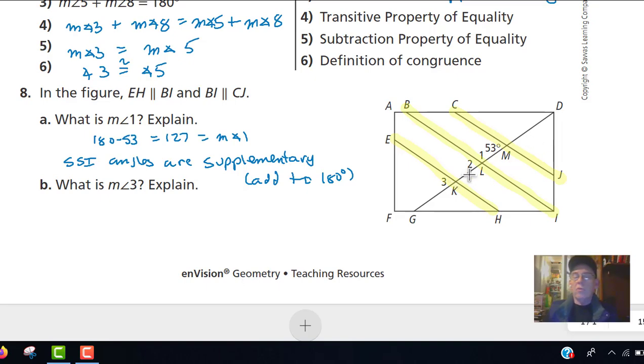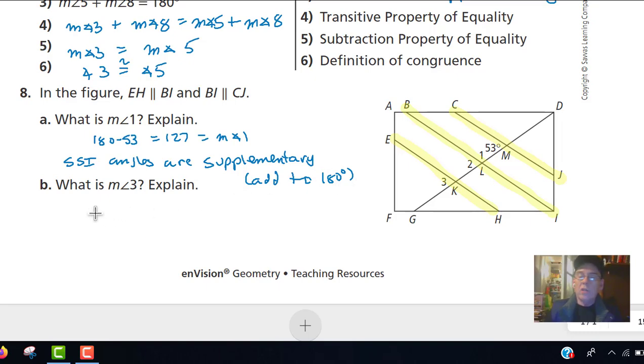What's the measure of angle 3? If we just use the CJ and the EH as being the parallel lines in this system, the 53 and the angle 3 are in corresponding positions.